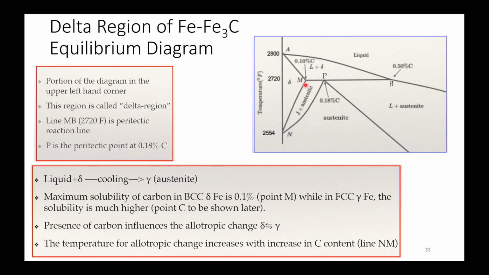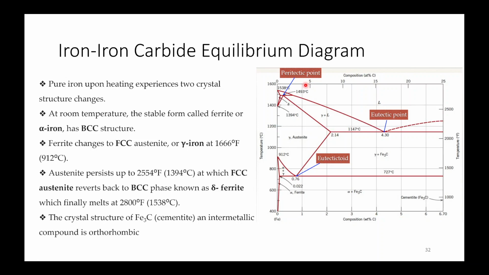Ma'am, in the previous diagram, is there any method for connecting these points? I mean, we will be connecting each of the single phase regions, and for the two phase regions, we will be connecting different temperatures to each reaction line, isn't it?